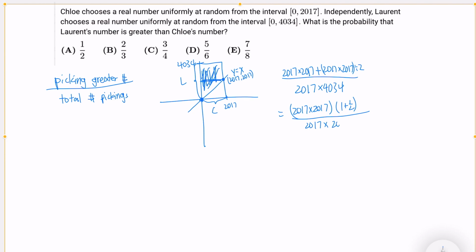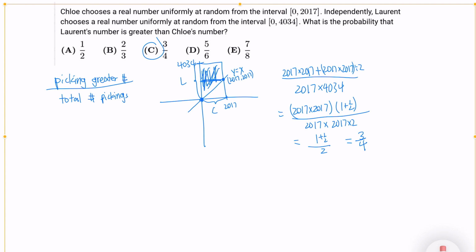So we can just simplify 4034 to that because it will be easier to solve this fraction, because now we see that both in the numerator and in the denominator we have a common factor of 2017 times 2017. So we can just cancel that out, which would give us 1 plus 1/2 over 2. And this would give us 3/4. So the answer would be C, 3/4.